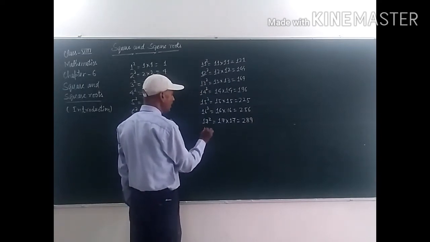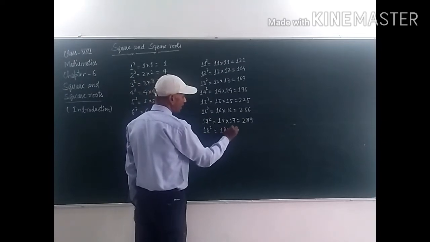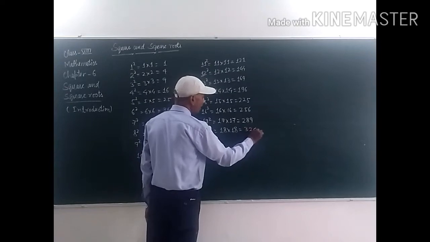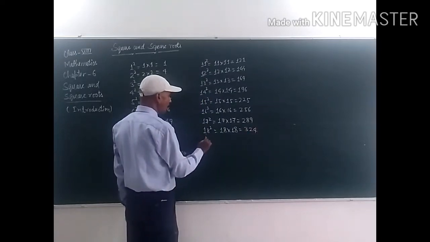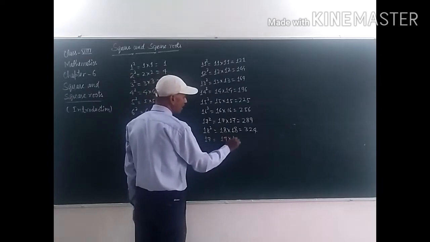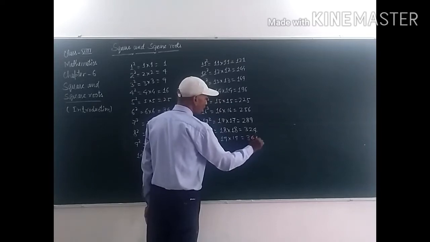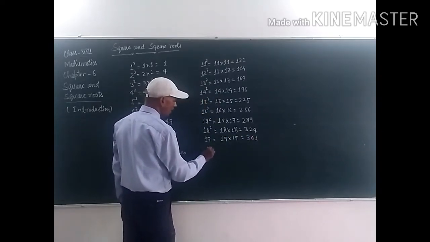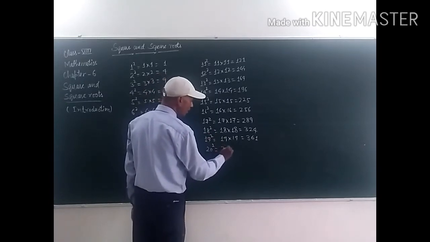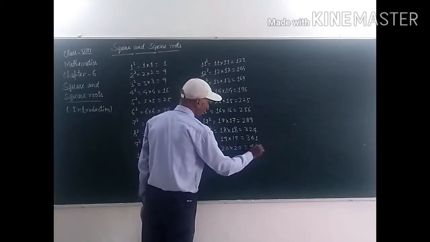And square of 18, that is 18 multiplied by 18, and it is 324. Square of 19 is equal to 19 multiplied by 19 is equal to 361. And square of 20, 20 into 20, and it is 400.